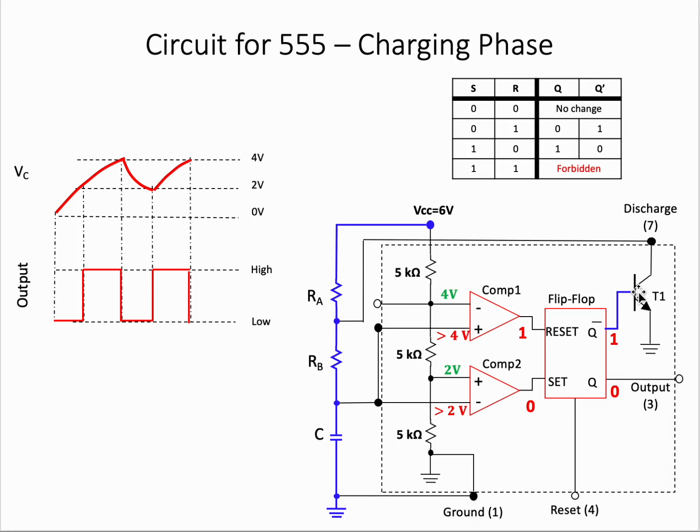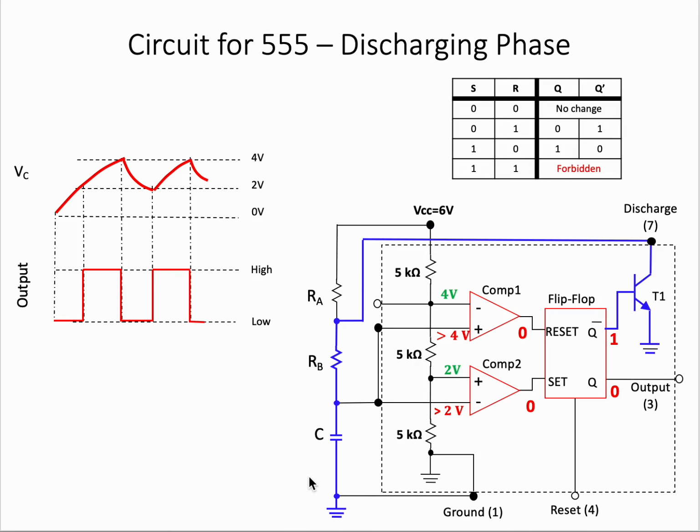Now it allows the capacitor to discharge again. So this cycle repeats itself, and the result is a square wave output with the timing defined by RA, RB, and C.